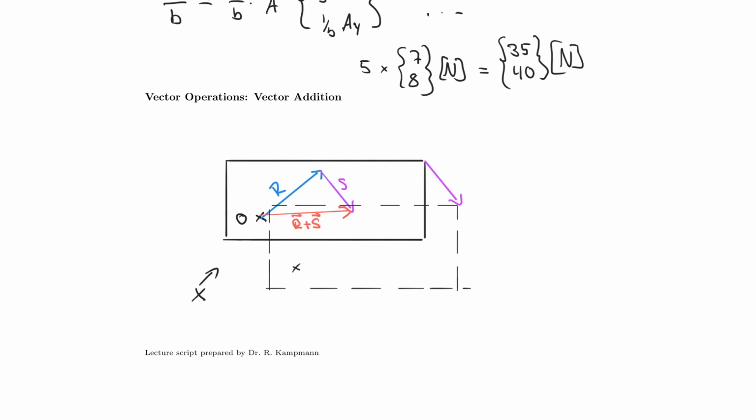And of course they are vectors, so I should follow my own rules here. And so vector addition is really nothing else than combining the two vectors to form the third one, pretty much as it was visualized here. However, it's an important aspect that we will use in engineering mechanics, so therefore let's talk a little bit more about it.